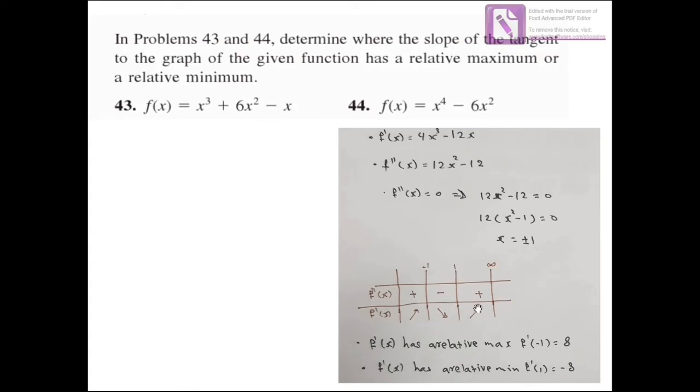Then from 1 to infinity, the second derivative is positive, so f prime x is increasing. So we conclude f prime x has a relative maximum at minus 1, so f prime of minus 1 gives us 8. Similarly, f prime x has a relative minimum at 1, so f prime of 1 is equal to minus 8. So the slope of the tangent line has a relative maximum at minus 1 and a relative minimum at 1.